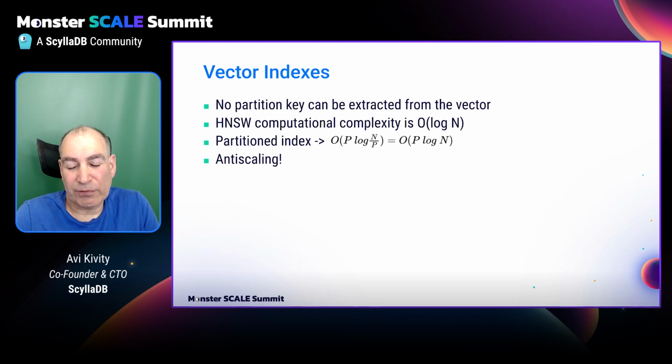So if you have an index on every node, then the amount of work increases by the number of nodes. If you have an index per tablet, then it increases by the number of tablets that you have on your cluster. And of course, we do want to have lots of tablets, so that wouldn't work for us.